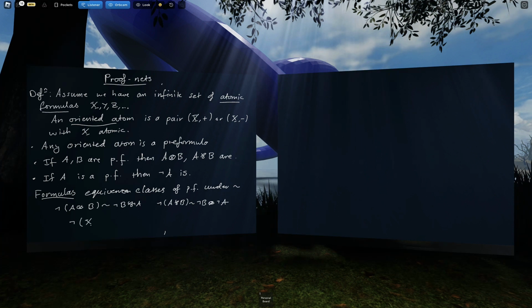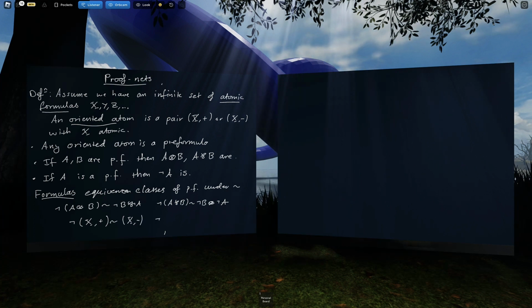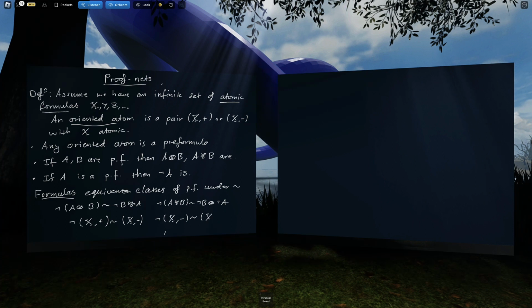And then on the oriented atoms, it works like this. It just flips the polarity. That's the reason why you can think about plus and minus as negation and the positive. Right, equals. Okay. Good.